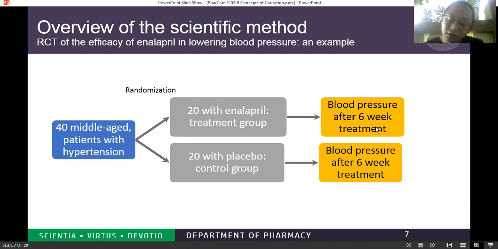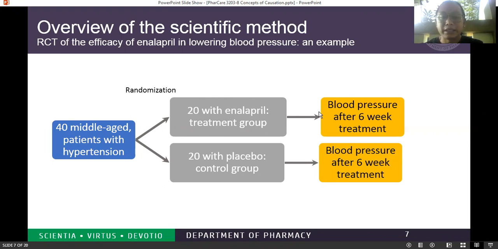So if we find a significant difference, where the mean blood pressure among the participants of the treatment group is lower than the control group, then we can say confidently that the blood pressure reduction is because of enalapril.